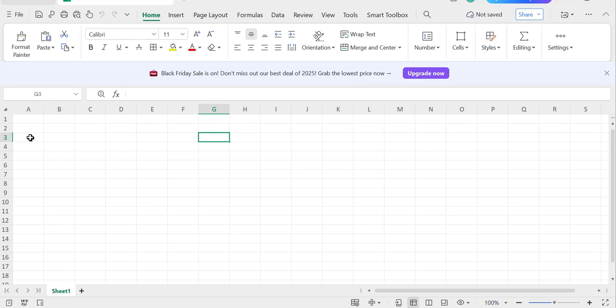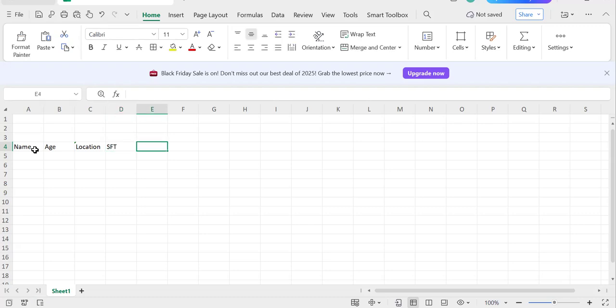Let me write here. Let's suppose we have one name column, second we have an age column, and then we have location, and after location we have square feet.